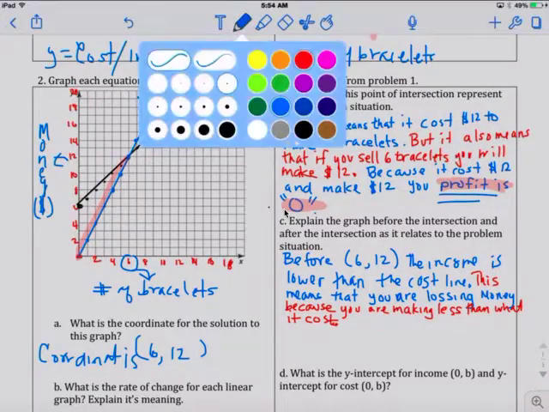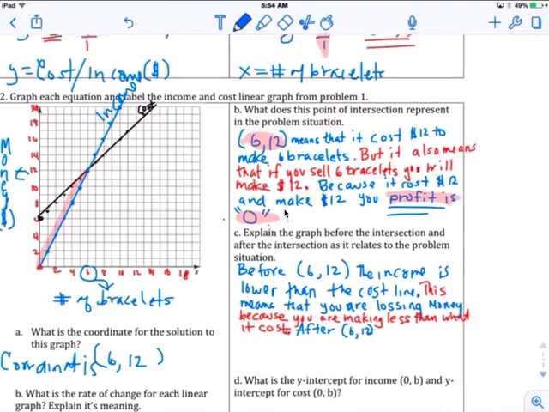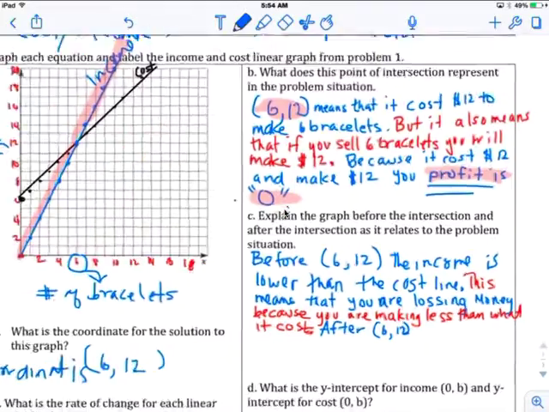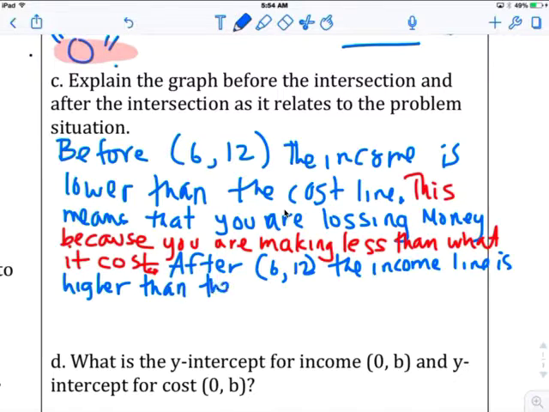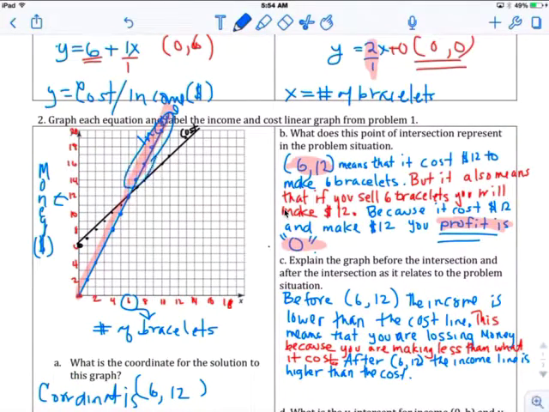What happened after? After (6 and 12), the income line is higher than the cost. Okay, so because it's higher, it means it's making more.